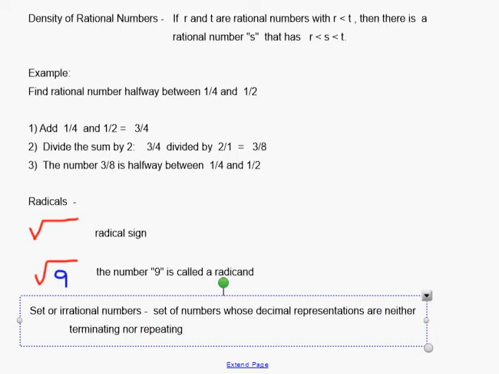Now let's move on to the next screen and we're going to talk about something called the golden ratio.